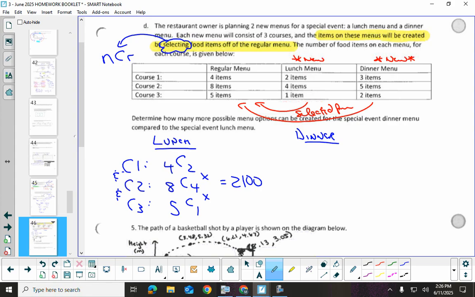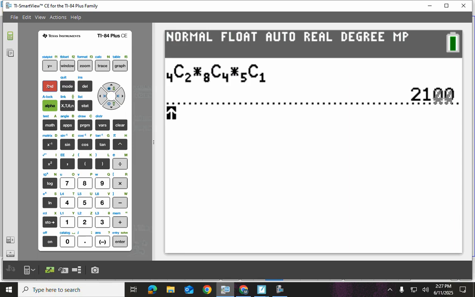Okay, let's do the dinner menu. So again, we're selecting off of the regular menu. So we've got 3 items we're selecting from 4. We're selecting 5 from the 8. And we're selecting 2 from the 5. And again, it's a 3-course meal. So you're eating course 1 and course 2 and course 3. Okay.